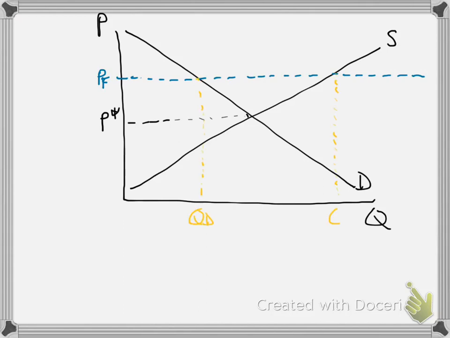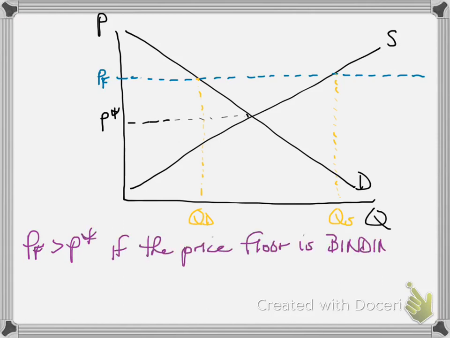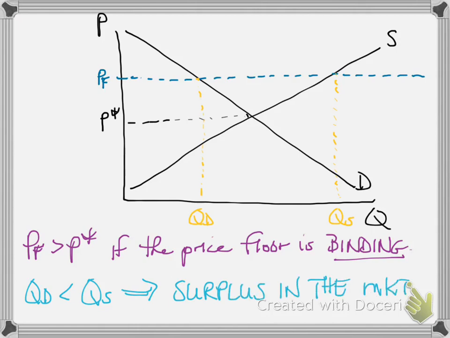So if the price floor is above the P star level, then it is a binding price floor, and it generates an out of balance or a disequilibrium in the same way that a price ceiling generates an out of balance or disequilibrium. In this case, though, the higher price sort of has a depressing effect on the demanders, right?